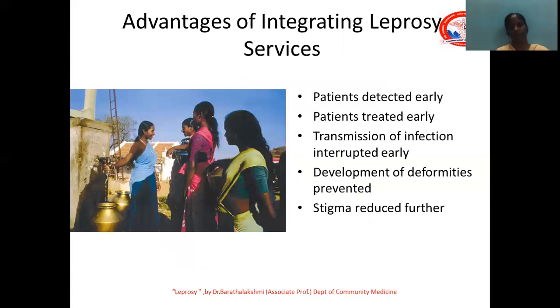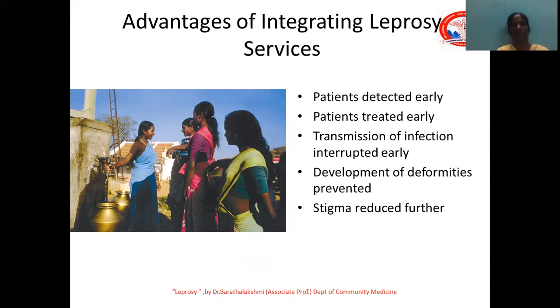Next, earlier we had a separate stream of services to address leprosy. But now, as the disease statistics have come down and the burden of disease has been reduced, we have merged the leprosy services with the general health services.